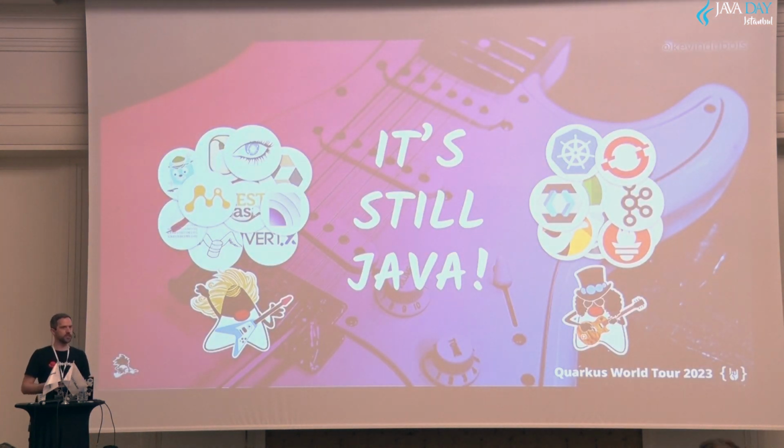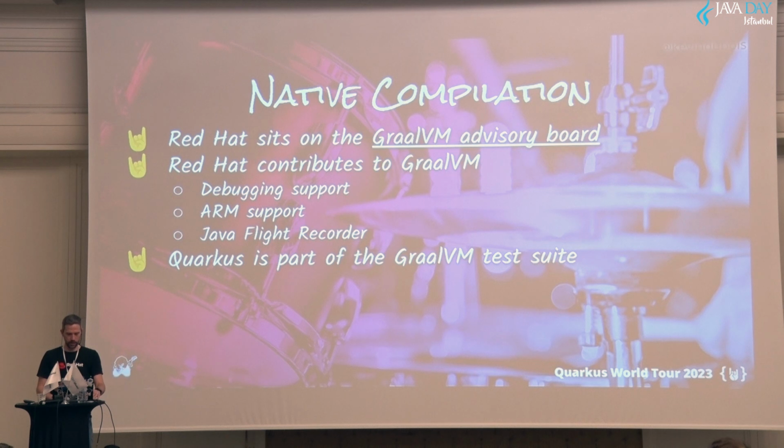And, of course, best of all, it's still Java, right? Quarkus is absolutely Java, which means that you can use everything that you're used to. Well, it's based on Vert.x. You can use your RESTEasy. You can use MicroProfile, all these extensions that exist in the Java world.